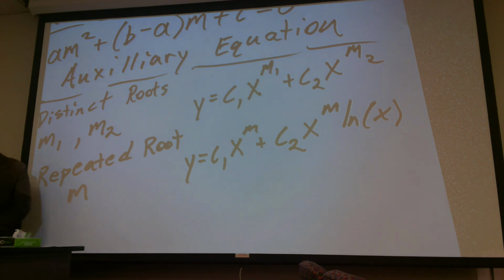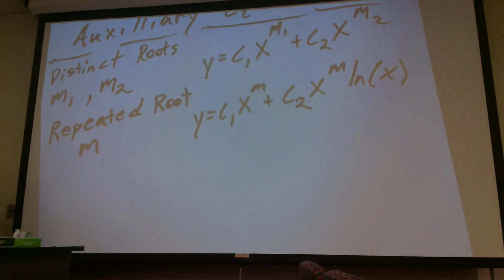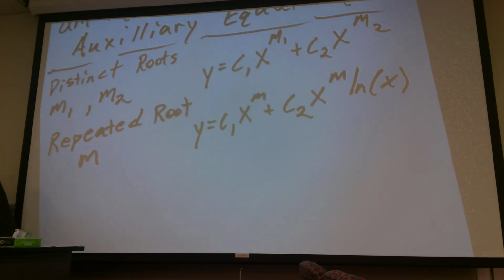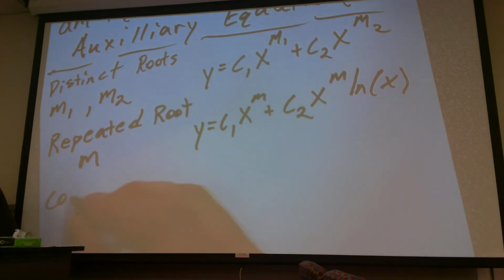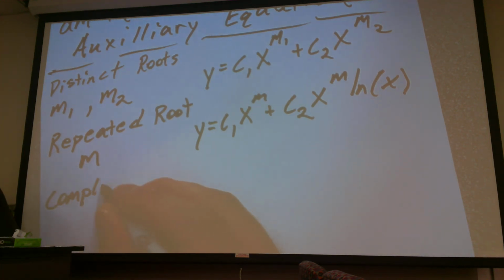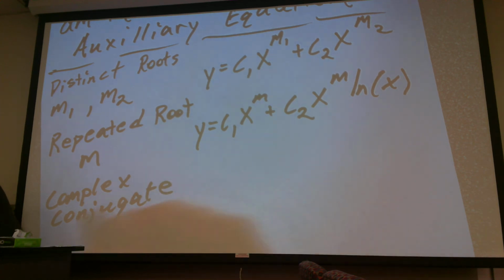Okay? And the last category that we have is what if we have a complex conjugate. Okay? So let's say alpha plus or minus i beta.